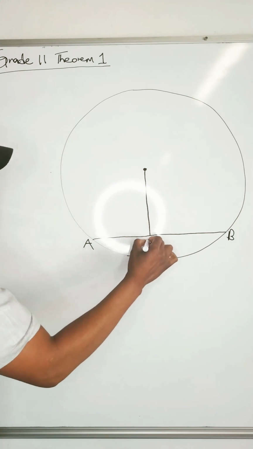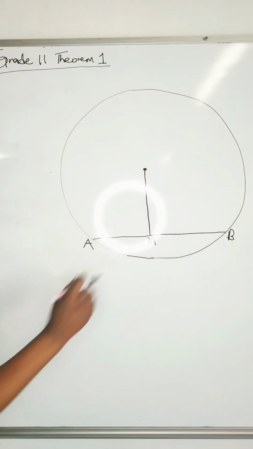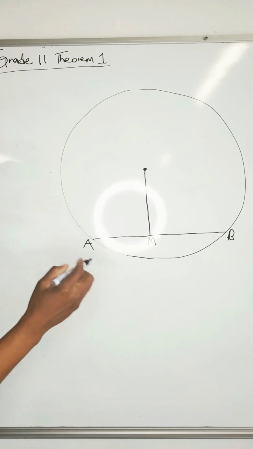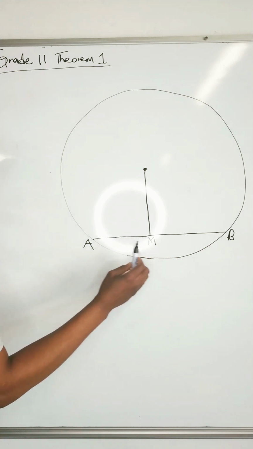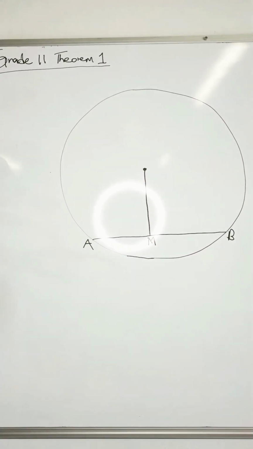So, for instance, let's name this point M. Let's try to analyze the statement. If it says it bisects the chord, what does it mean? It means that this part is equal to that part. In other words, it cuts the line into two.